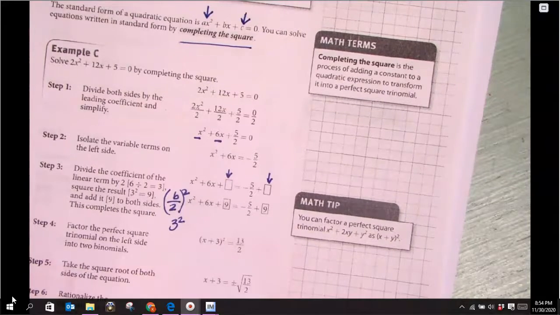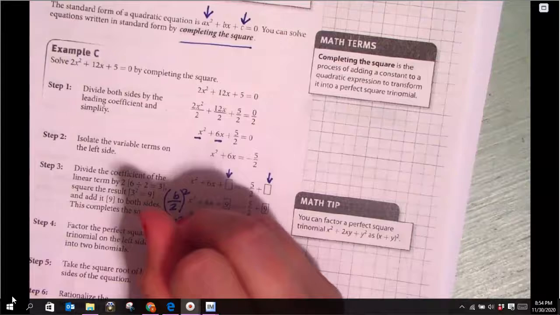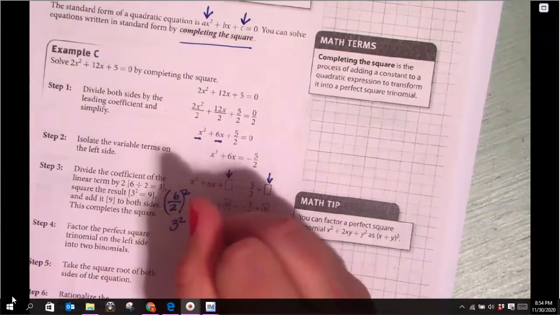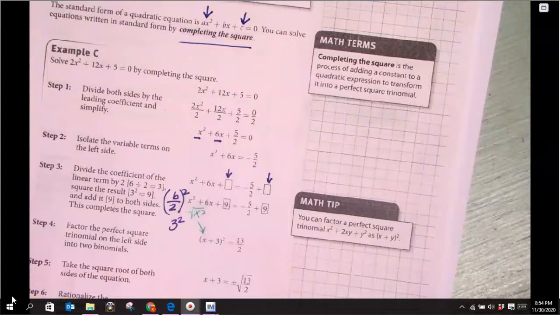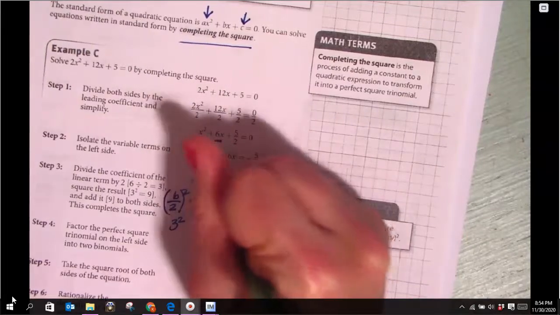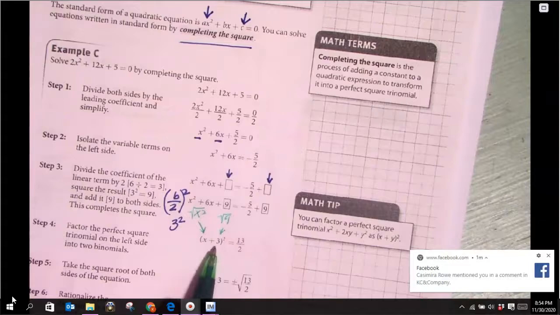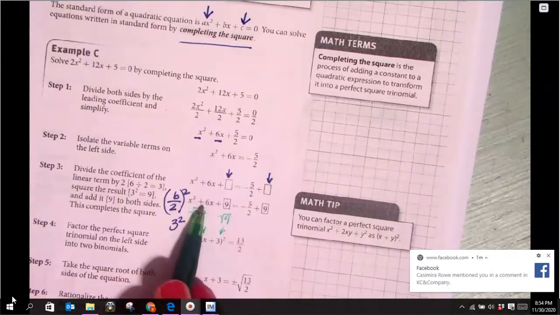Now, once you get to this point, you have created a perfect square trinomial. So you take the square root of x squared, which will always be x, and then the square root of 9, which is 3. You're always going to have those two there, either with a plus or a minus, depending on what b is.